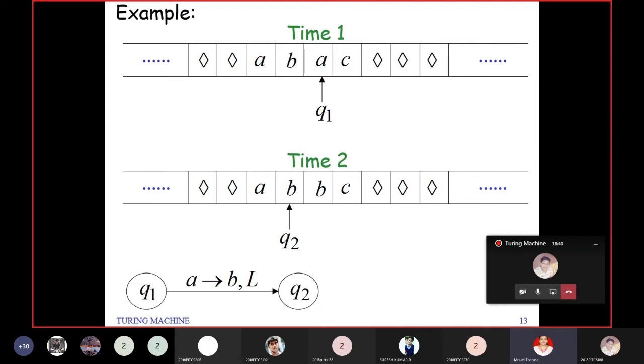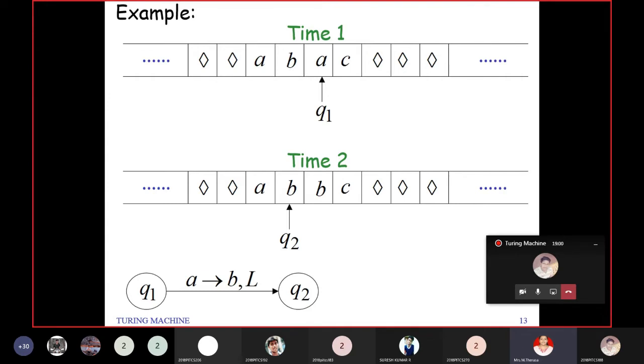Clear? Suppose you want to change the A into B and you want to move left, this will be the configuration. So at time T1, A, B, A, C is on the tape and the read write head is pointing to A and the state is Q1.